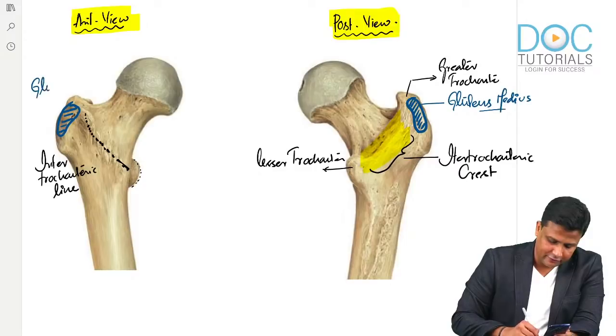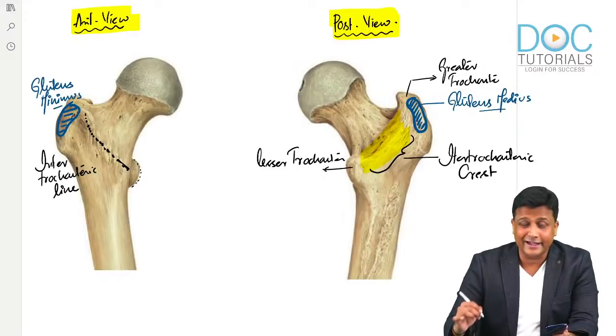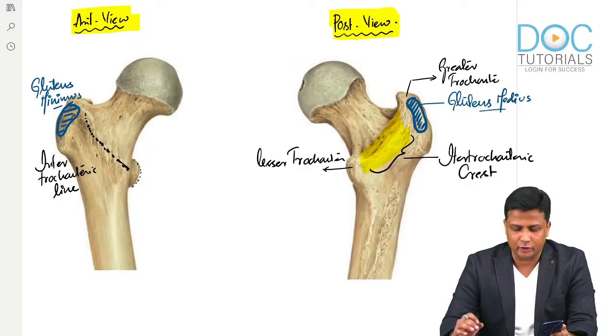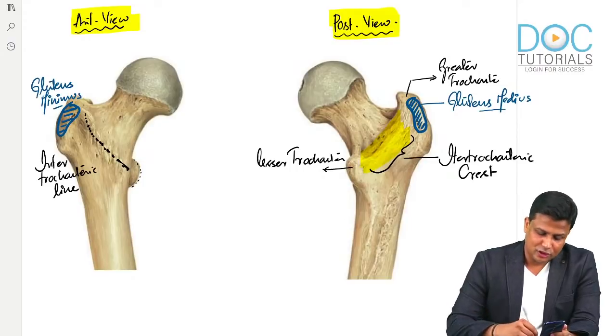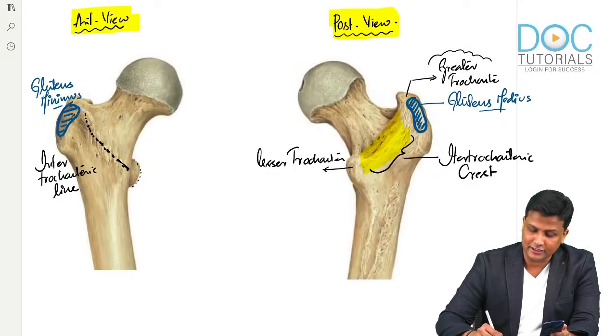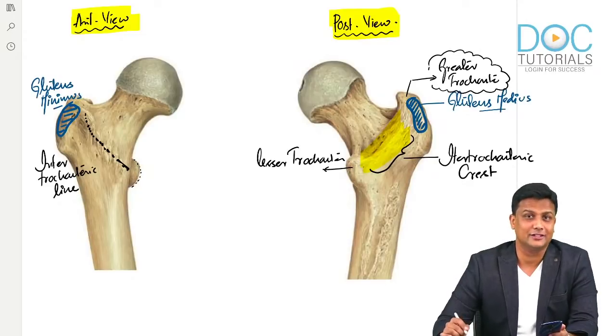Remember, both gluteus medius and gluteus minimus will be inserted onto the greater trochanter, but medius will be on the posterior surface, guys. Perfect. So these two are inserted on which trochanter? These two are inserted onto the greater trochanter, and that was the question asked in the NEET PG exam.